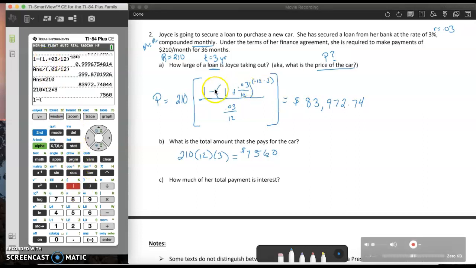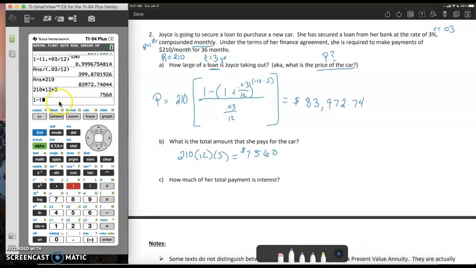So if I do this top part again, 1 minus parenthesis, something happened here, I think. 1 plus 0.03 over 12, close it up to the, and we said that was the same thing as negative 36.